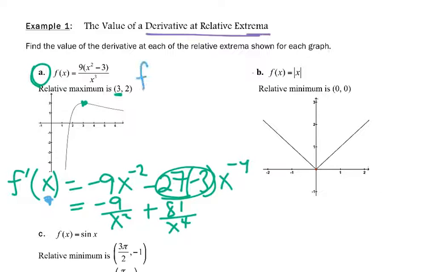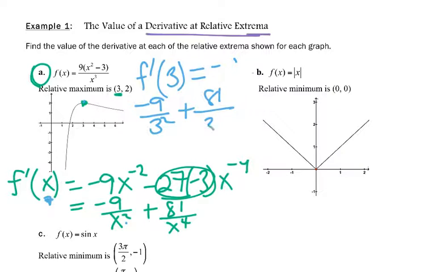All right, so f prime of 3, the derivative at this relative maximum, is going to be negative 9 over 3 squared, because it's x squared, plus 81 over 3 to the 4th. Negative 9 over 3 squared, well, 3 squared is 9, so this is negative 1, plus 3 to the 4th is 81, so this is 81 over 81, which is 1, so it adds to 0, which makes sense. The derivative is the slope of the tangent line, and the tangent line here has a slope of 0.